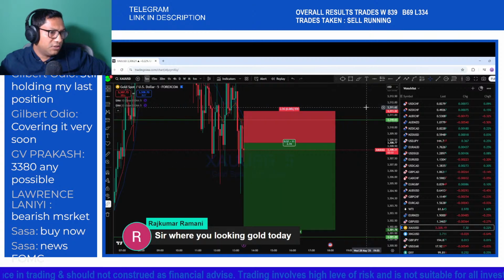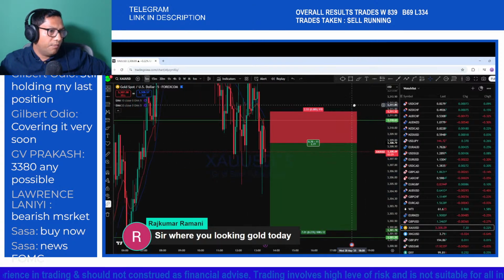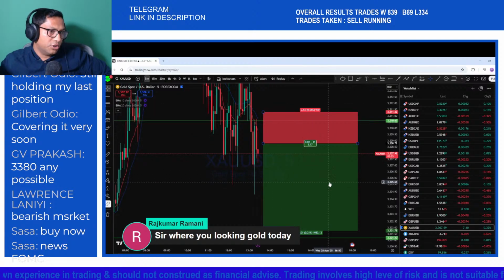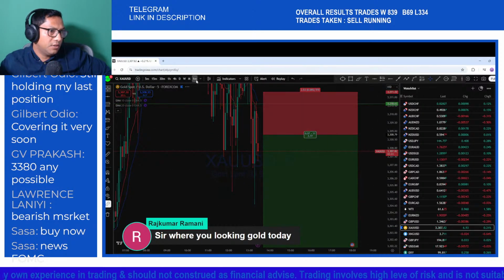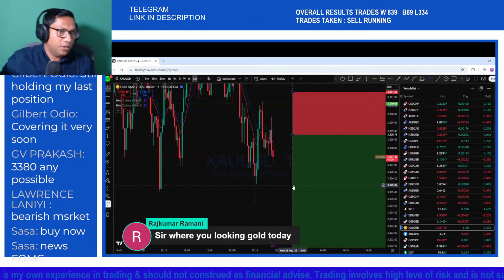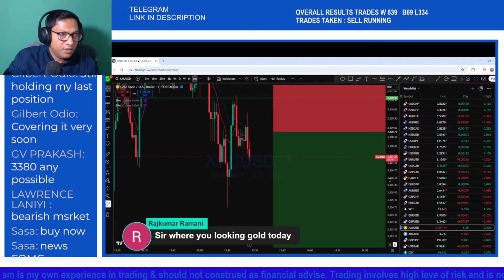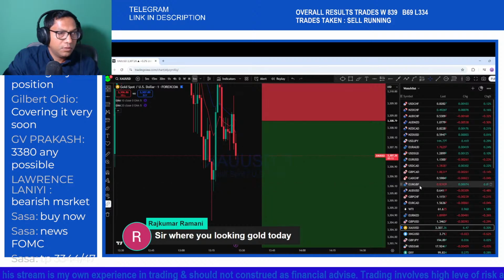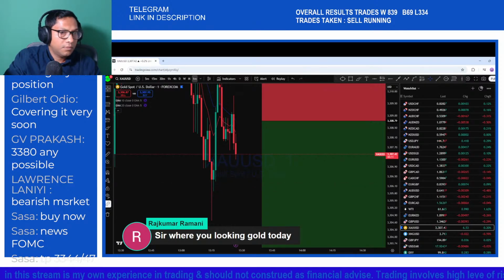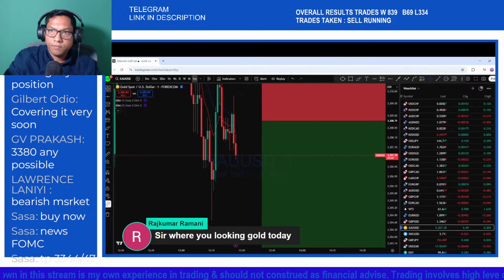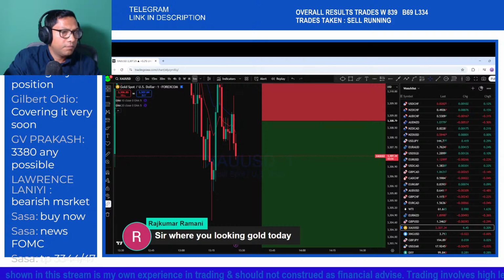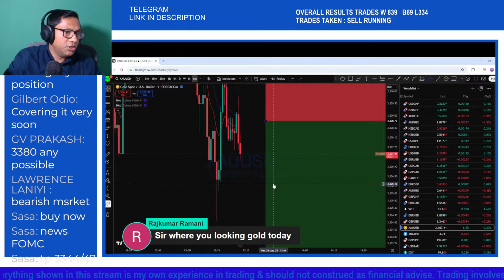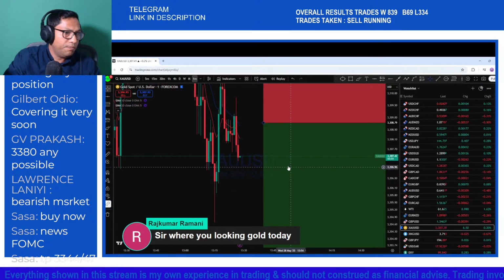So on the 5 minutes we can see a bear candle formation. That's a potential downtrend. Okay, so a bearish price action with a 1 minute bear candle, which is potentially bearish.